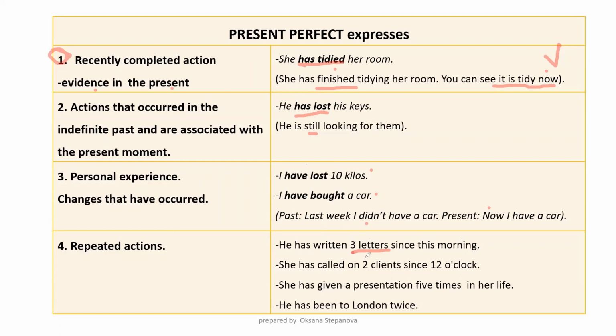She has called on 2 clients since 12 o'clock. She has given a presentation 5 times in her life. He has been to London twice. So this is the repeated action, when we put a number on those repetitions. All right, let's move on.